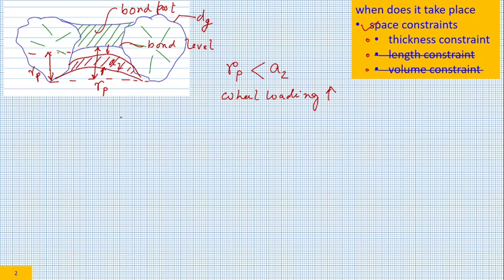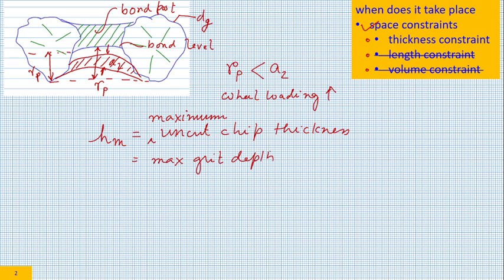Now how is A2 related to something else? Already we have seen there is something called HM. HM is uncut chip thickness, or rather it is maximum uncut chip thickness. There is another name for it, maximum grid depth of cut, but that name is not very useful today.